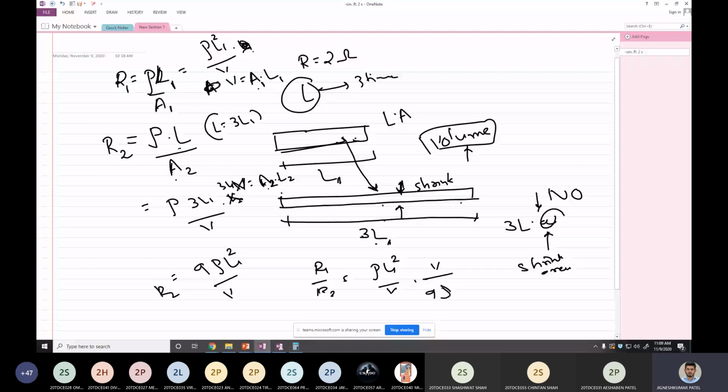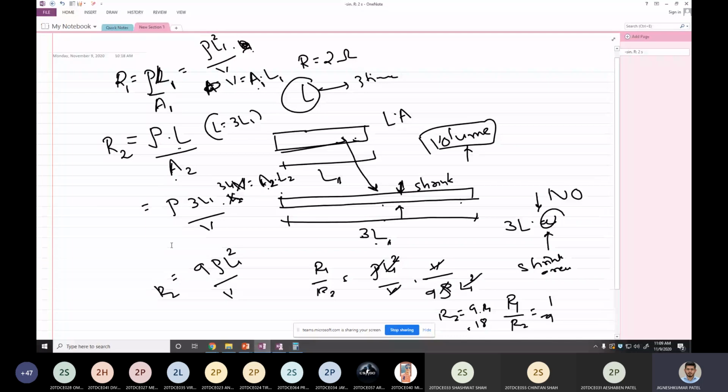The only thing left is R1 divided by R2 is equal to 1 upon 9. Now R2 we have to find out, so R2 is equal to 9 into R1, and R1 is 2. This is how you calculate this example.